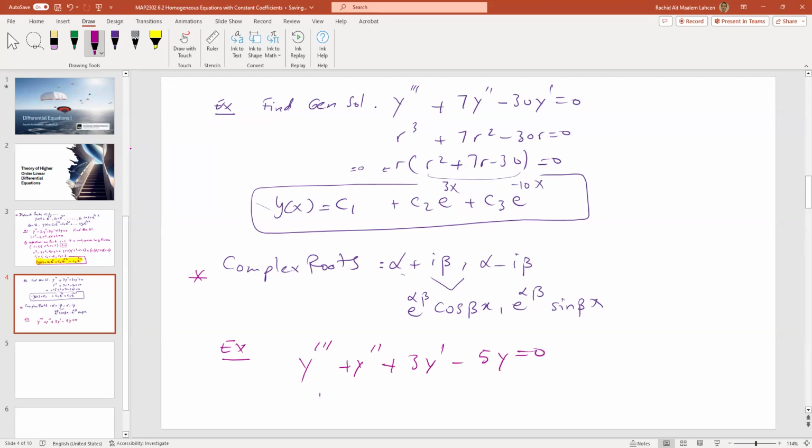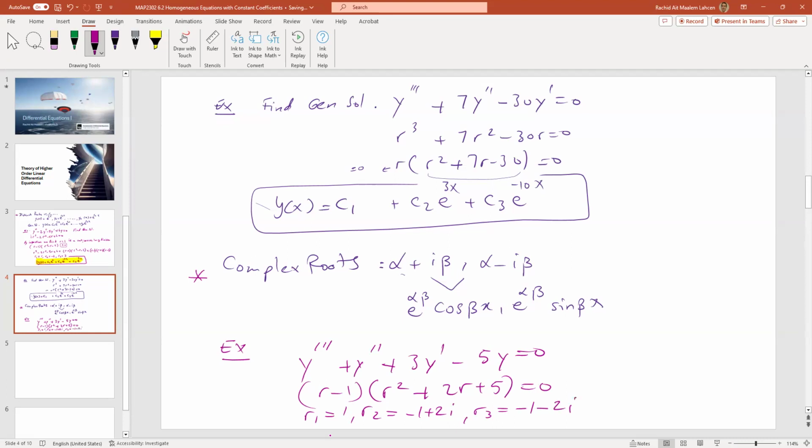Then we set up the auxiliary equation, and then you know what you need to do with that, and you factor and you get this. Now the first root is 1, it's a real one, but the second root from this second order part is going to be a complex one. When you solve, you find that it is complex, and that gives you, of course, the conjugates.